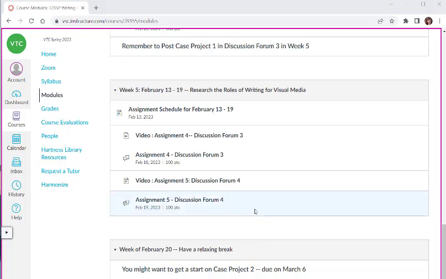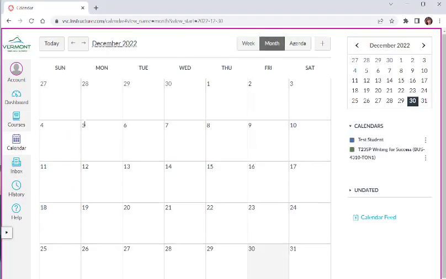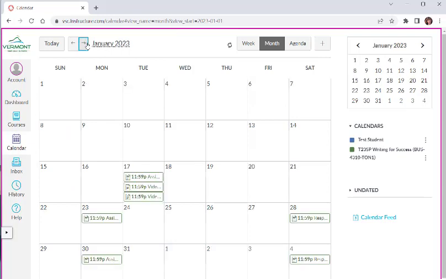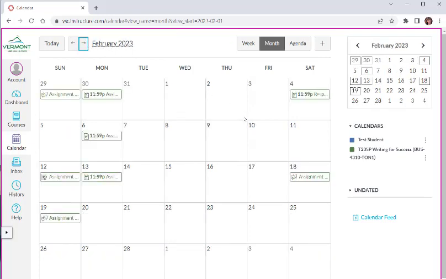Now, before we get started on all of this, I want to show you something on the calendar, just so we'll be crystal clear about what's going on here. If we look at this calendar, up here in February, you'll notice that we have a break coming up this week.